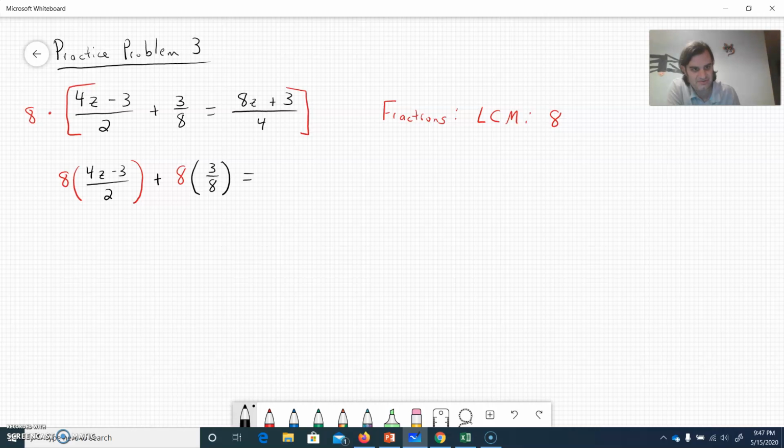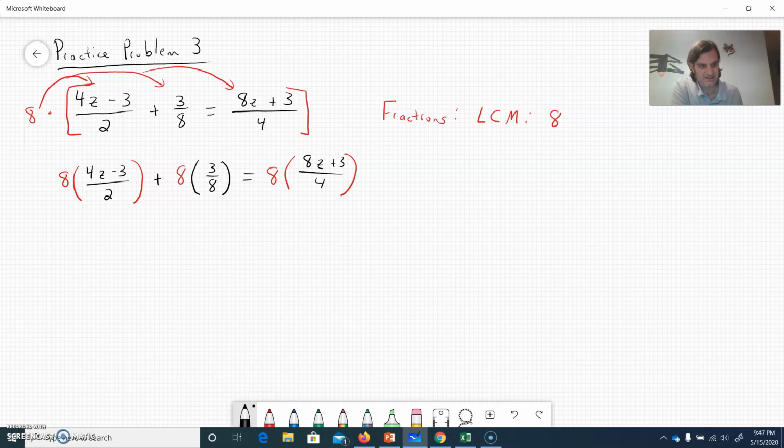I got my color off there, but it's okay. Equals 8 times (8z plus 3) over 4. If you're having trouble seeing where that came from, we're taking this 8 and multiplying it by the first fraction, the second fraction, and the fraction on the other side. So we multiplied everything by 8.